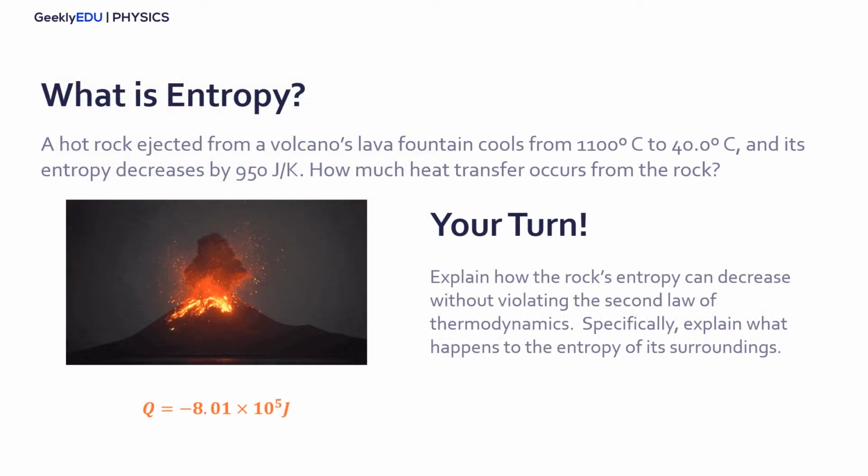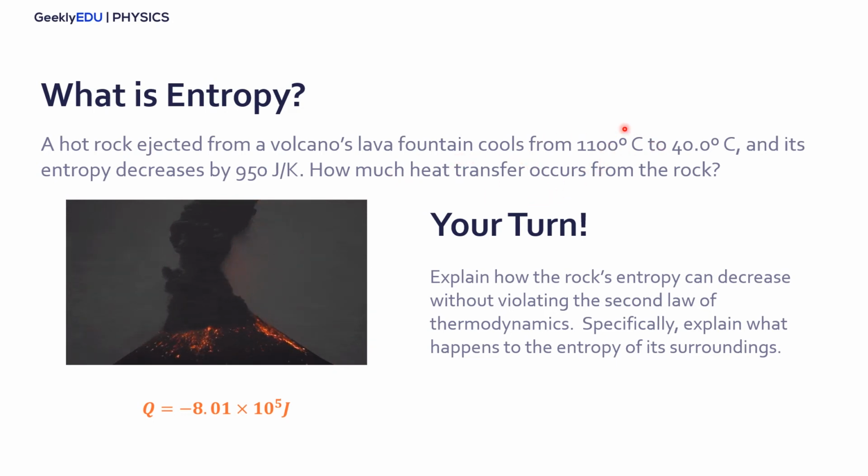Okay, that's the second problem we have that's related to the entropy video. So for this problem, we had a hot rock that was ejected from a volcano's lava fountain, and it was cooling down from 1100 degrees Celsius to 40 degrees Celsius, and the entropy decreased by 950 joules per Kelvin.